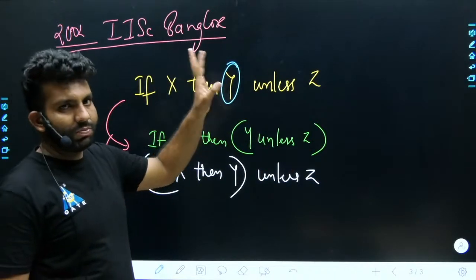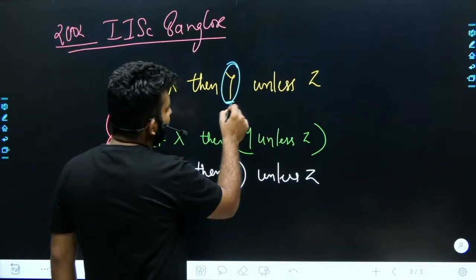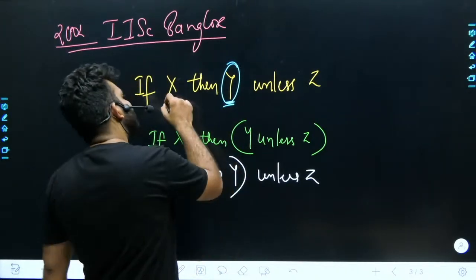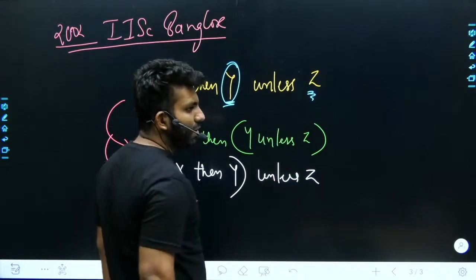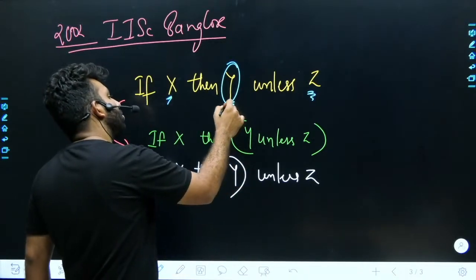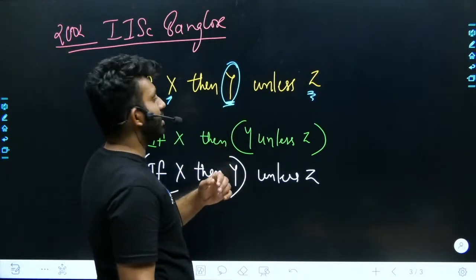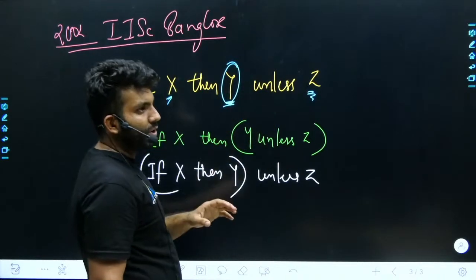Y will be able to give its output. So there are two conditions related to Y. One is X, the other is not of Z, because with unless, if you remember, we relate not of Z. So for Y to take place, there are two conditions which are important, X and Z. Both conditions are important at a time.